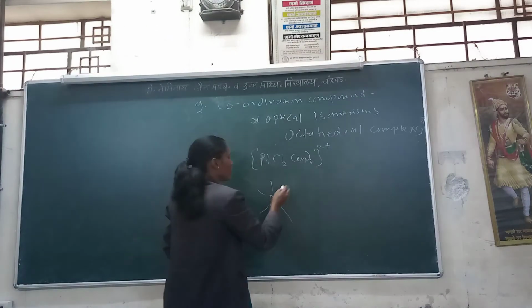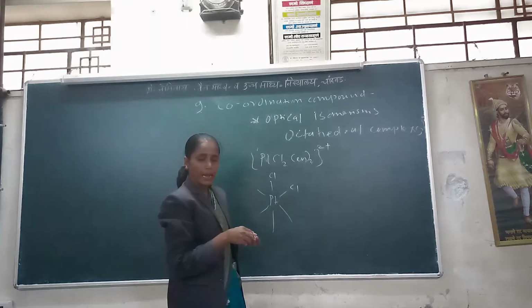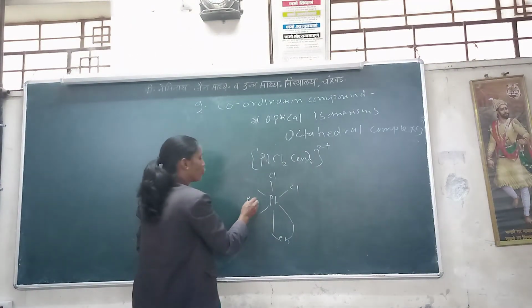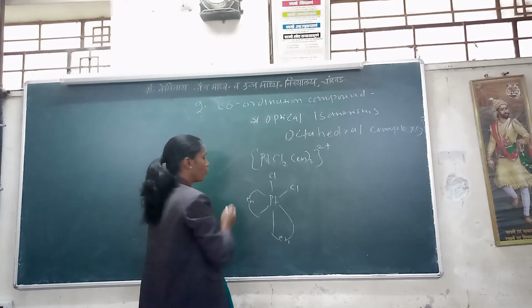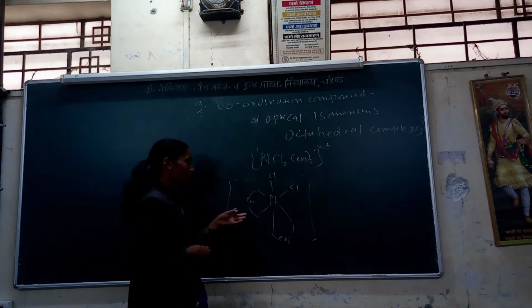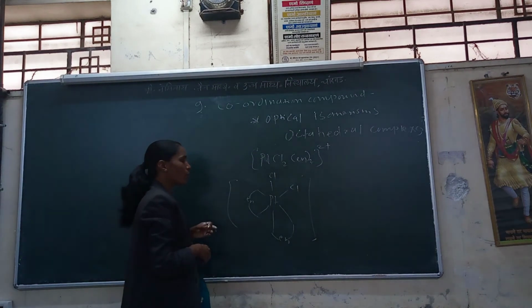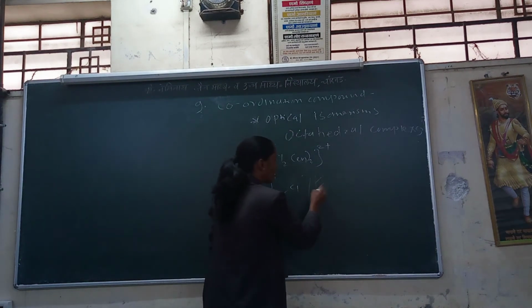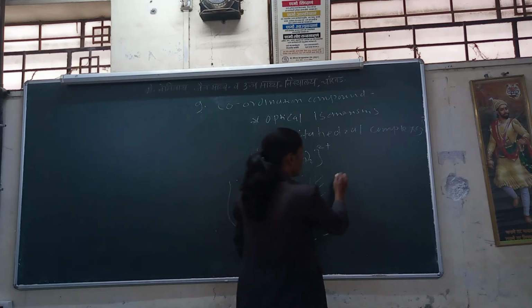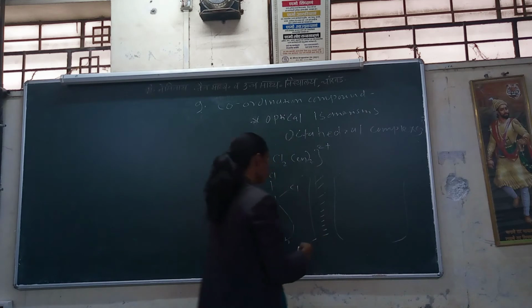Here Cl and the remaining bidentate, where one group donates a lone pair of 2 electrons. This is the structure of this compound. The optical isomer means the mirror image of this compound, exactly like this.